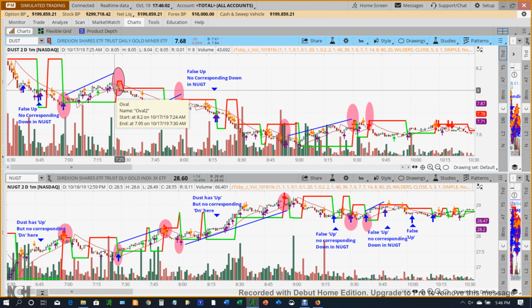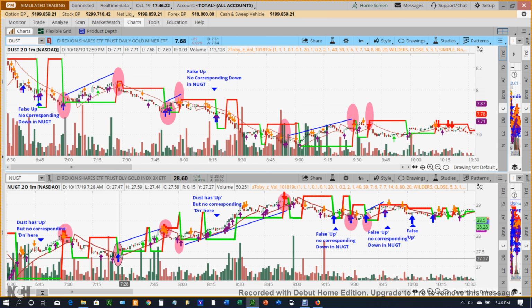What I did was called corresponding pairs. I put these little circles around the top. Here we have the change from green to red, and if you look closely, there's an orange down arrow here. The corresponding matchup down here is a big blue arrow with a change from red to green.